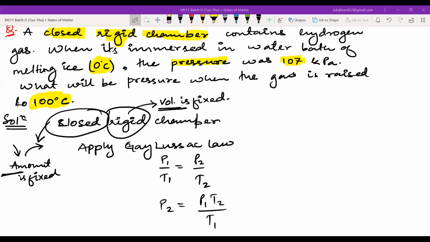So you have to convert it, no? It's absolute temperature. Okay, sir. Yes, Khalil. Correct.